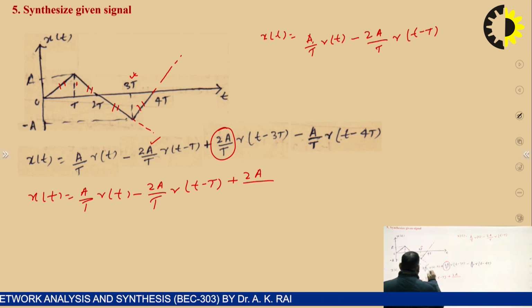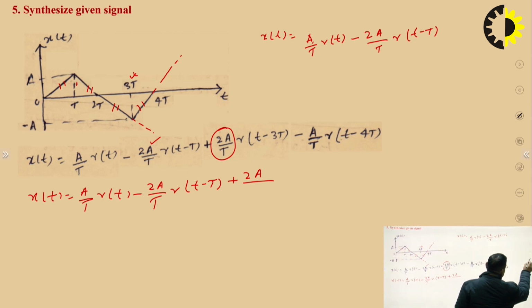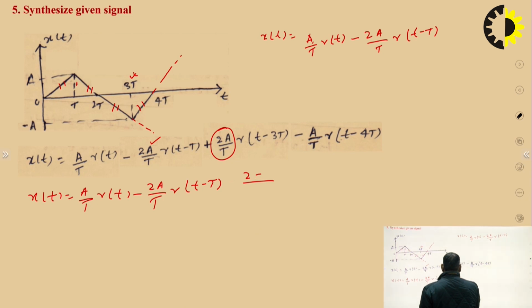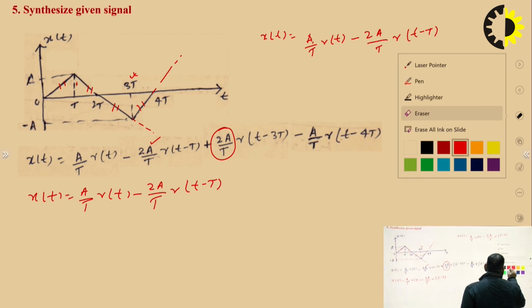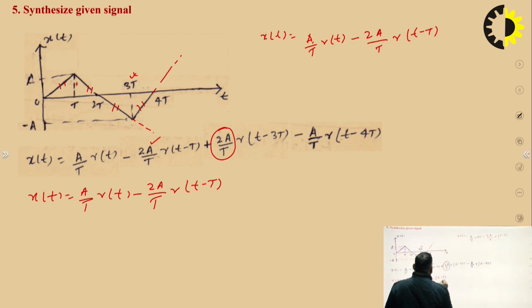The slope of this line is, this is your A and this is t, so A by t. So we can write A by t r(t minus 3t).